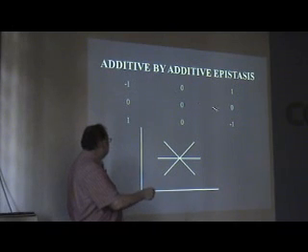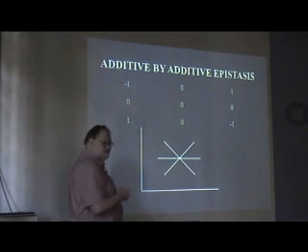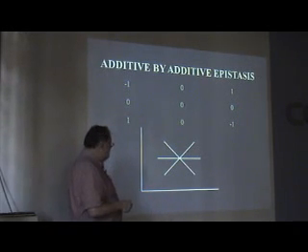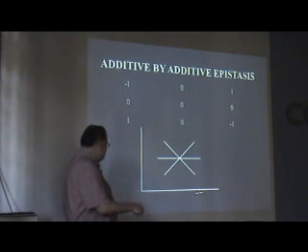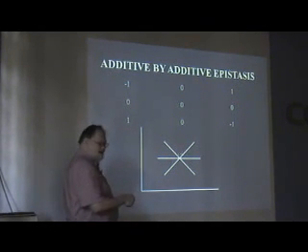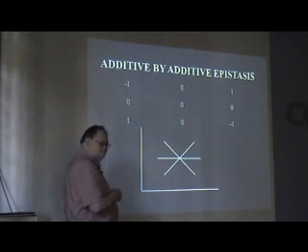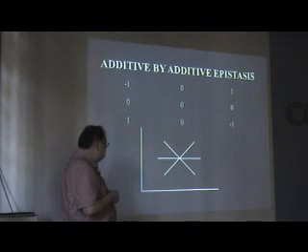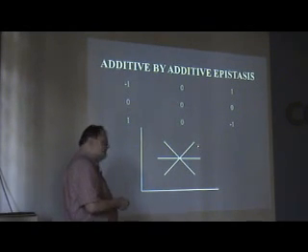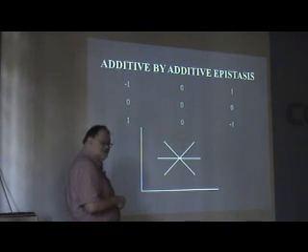We have a +1, 0, and -1 additive genotypic value. When you plot these on a chart, you get phenotype here, genotypes along here, you get a star. Here, the 2 columns and rows have crossed. This represents the heterozygous genotype here, where there's no effect at all. So unlike the parallel lines, here we have crossed lines. That's epistasis.